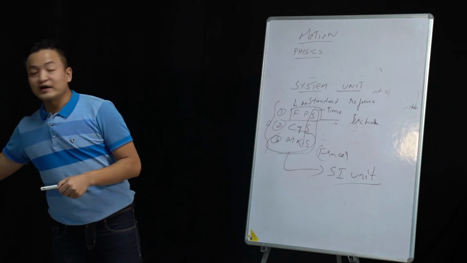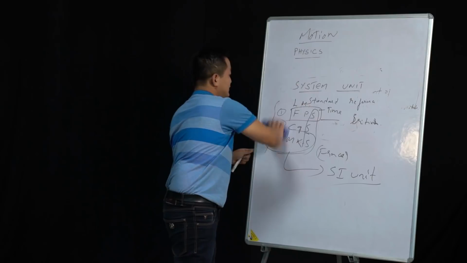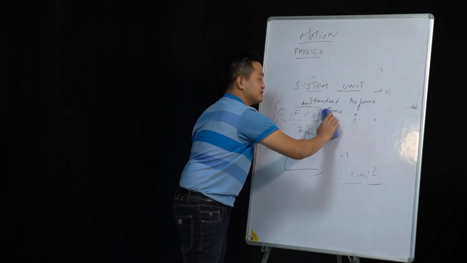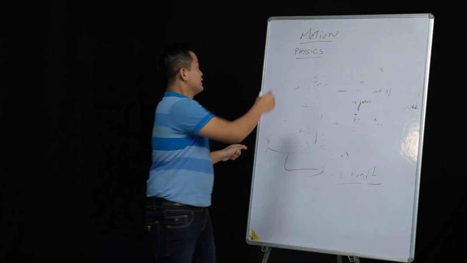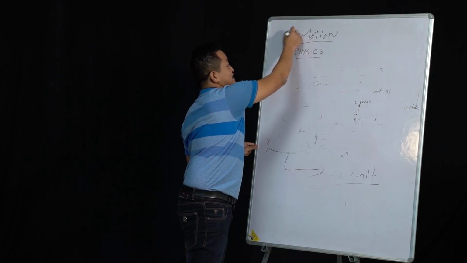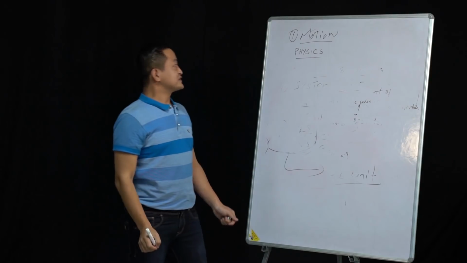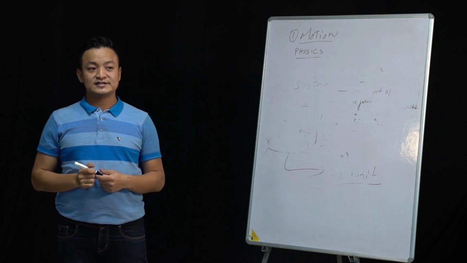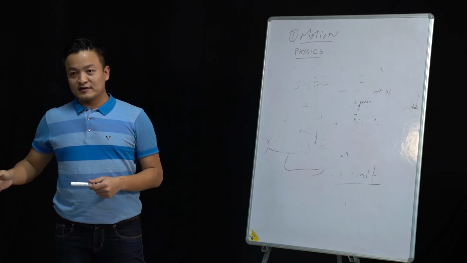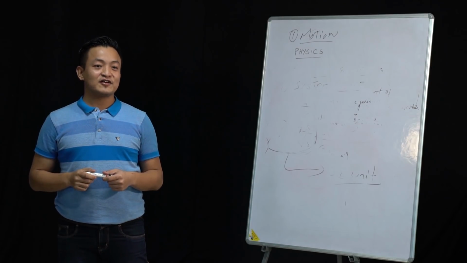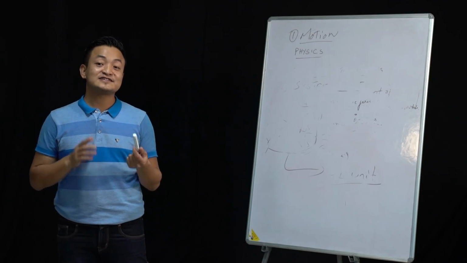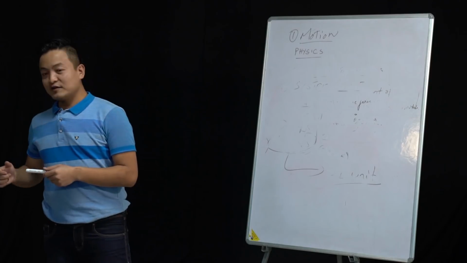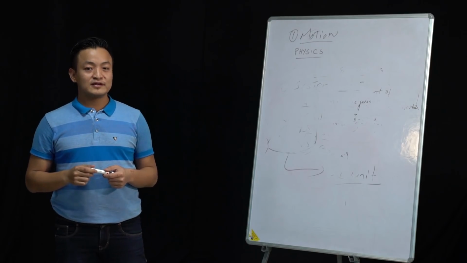Okay, so now we'll start our chapter, that is motion. This is the first chapter for physics, that is motion. So the first thing, what is motion? Motion is anything that changes its position with respect to time. Clear? I will give an example.